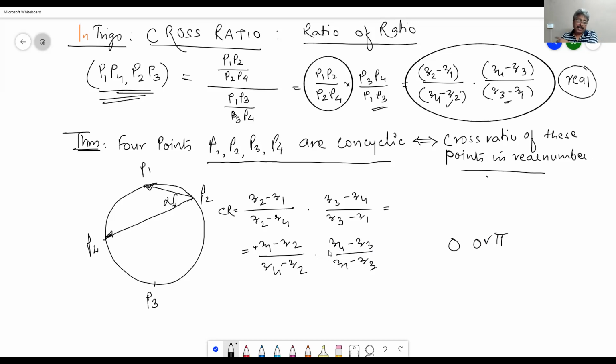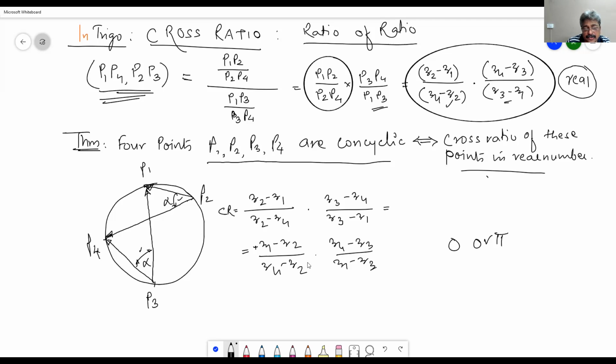Okay, so P3P4 is in the numerator, and P3P1 is in the denominator. P3P1 becomes P3P4. So this is alpha. This is also alpha. Because these 4 points are concyclic, we know that this is alpha and this is alpha.